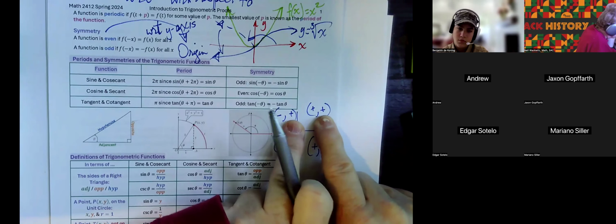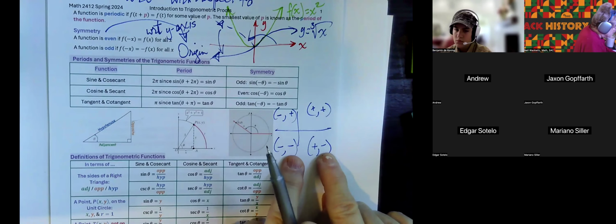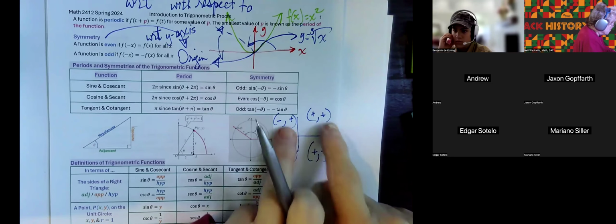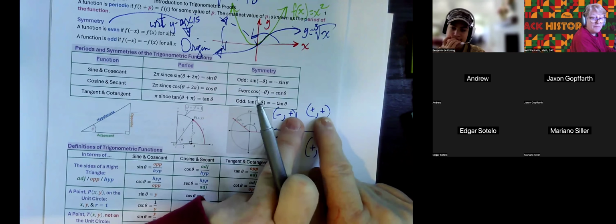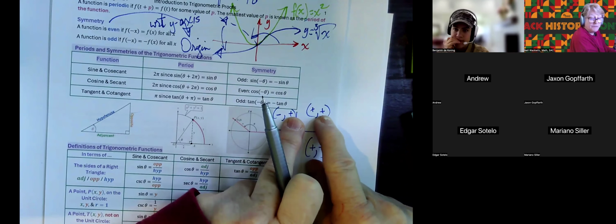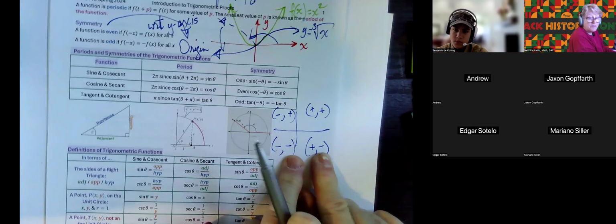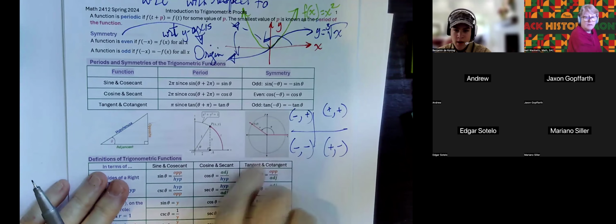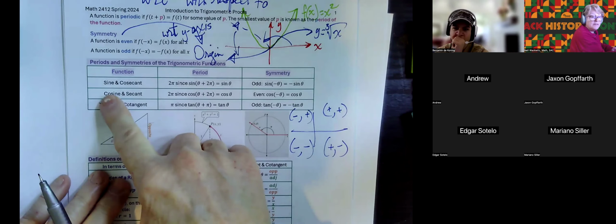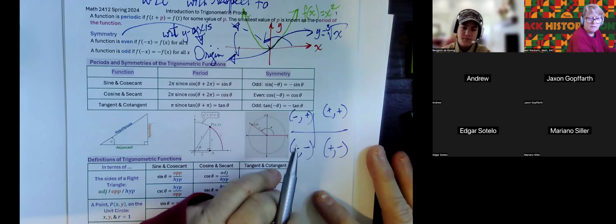Notice that sine is the same in adjacent quadrants. Sine is positive in first and second. Sine is negative in third and fourth. And notice that the cosine is the opposite.